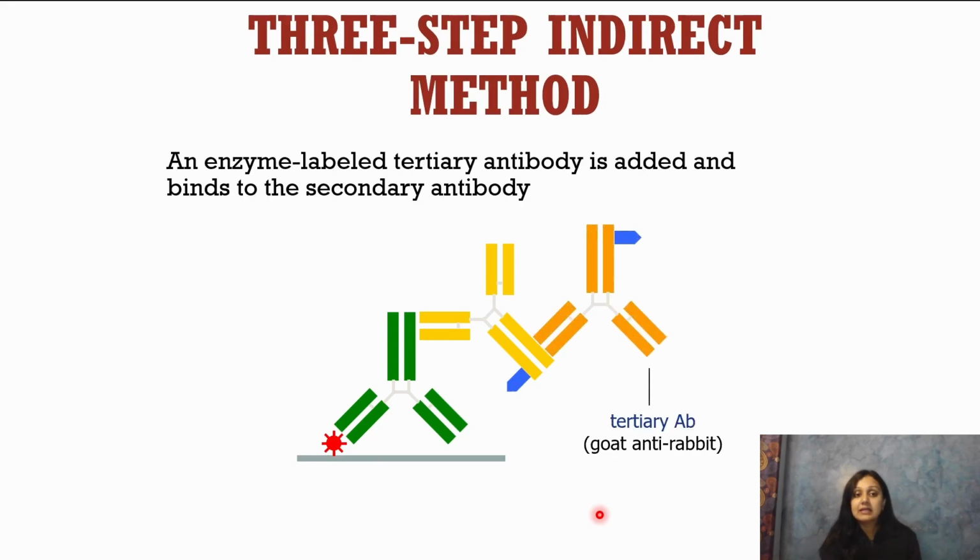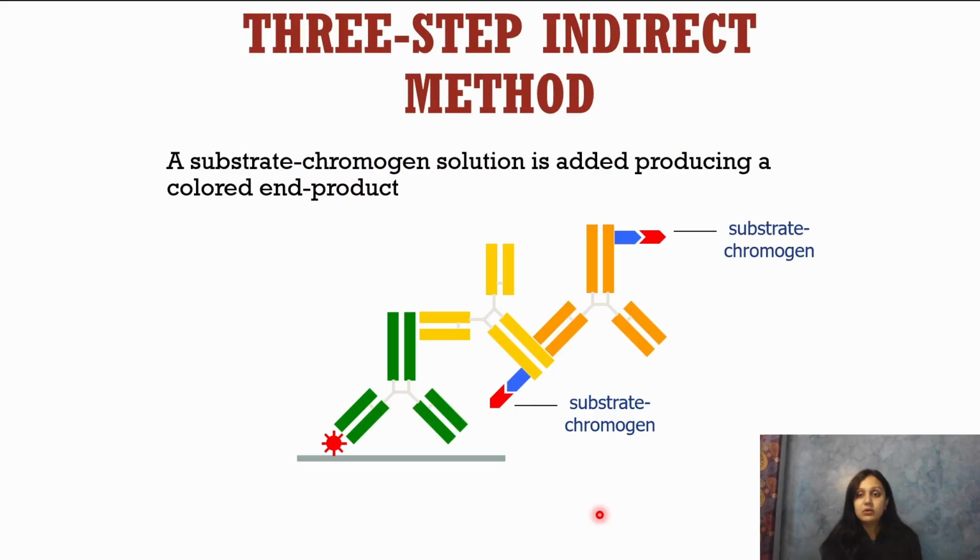Then an enzyme-labeled tertiary antibody is added and it binds to the secondary antibody. Now the substrate chromogen complex binds to both the secondary as well as the tertiary antibody. Because it is attaching to two sets of antibodies, the color production will be much better and much more proper.